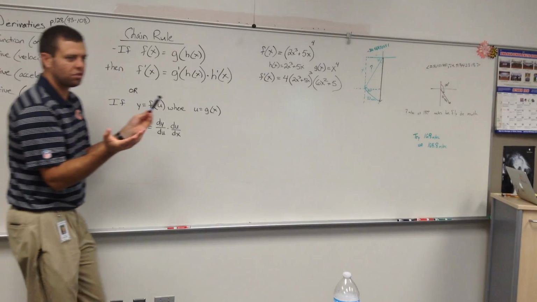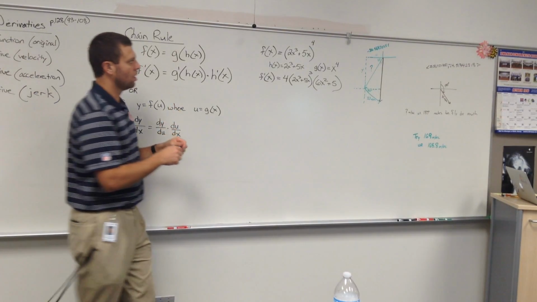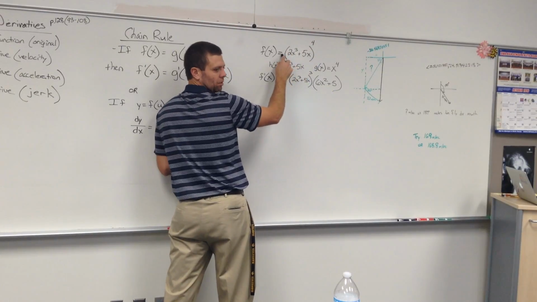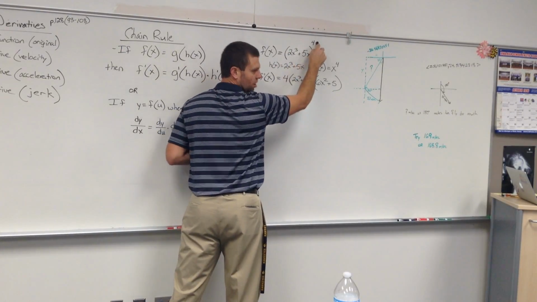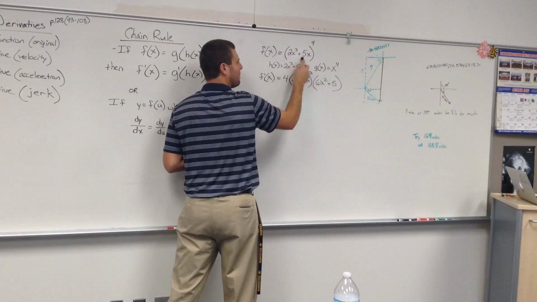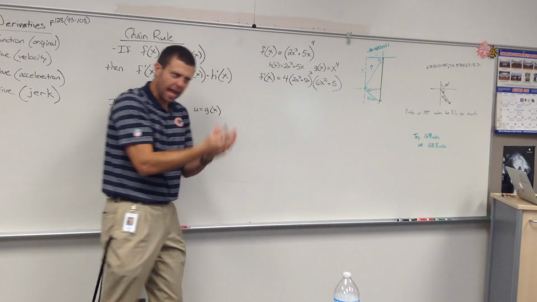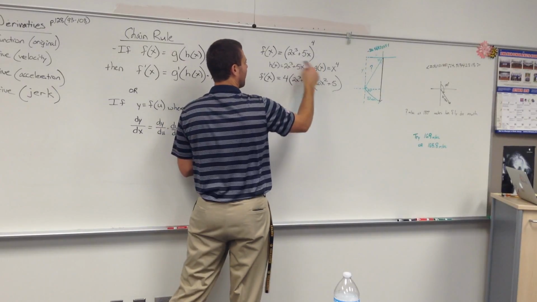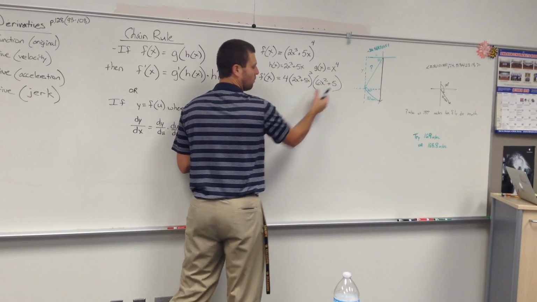So what you really did was you still kind of used the power rule. You brought your 4 out to the front, then you had this raised to the third power. But because this is more than just x, you have to multiply that by the derivative of what's inside.